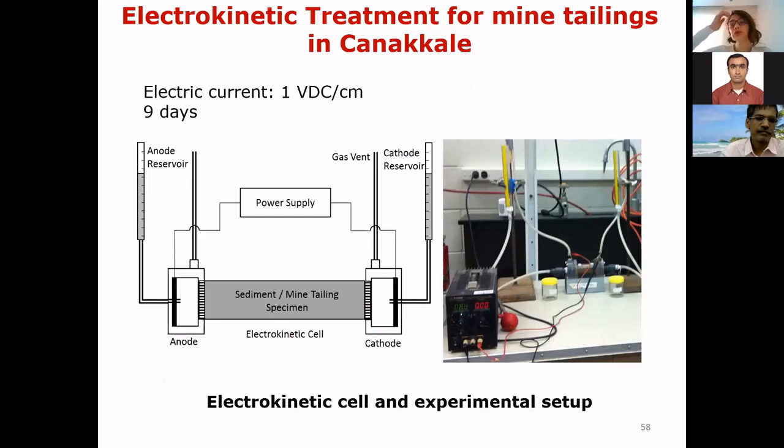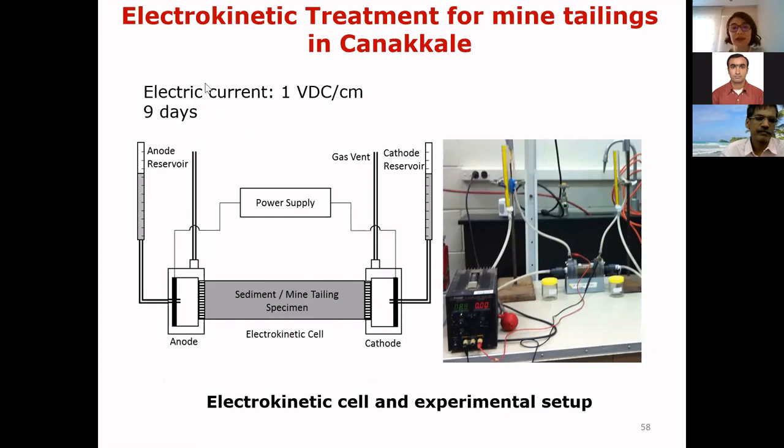And among those various remediation possibilities, we focused on two remediation techniques, and one is electrokinetic remediation. For this, we used both samples, sediment and mine tailings. We conducted the test for 9 days.